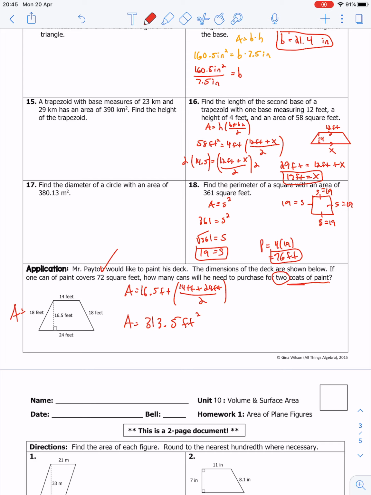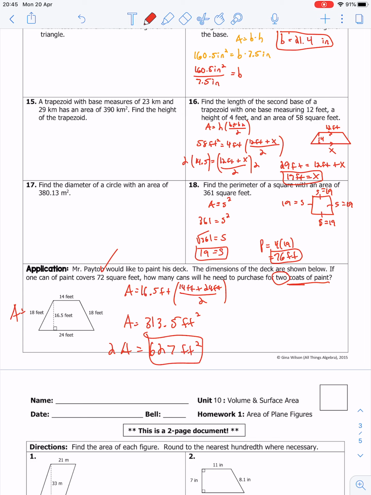So let's find for 2 coats of this deck. So 2 coats of this deck would be 2 times the area, which would be 627 feet squared. That's how much we're going to be covering.